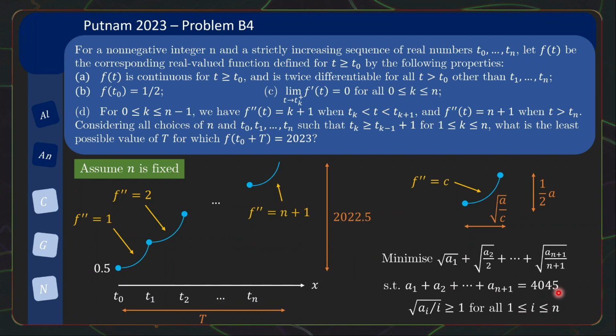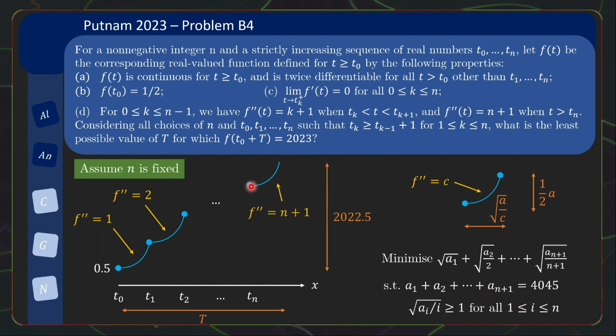covering 4045. And let's not forget that we need the special points to be placed at a distance 1 apart. So this means that the x distance covered for each piece of the curve must be at least 1. So I have square root a i over i is at least 1 for i from 1 to n. The last piece doesn't matter.